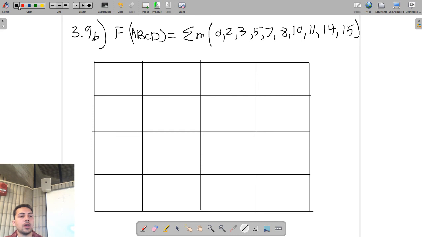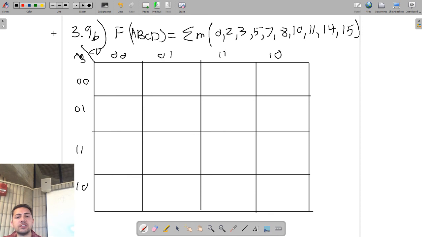And then I go back to my pen here. So we have A, B, C, D. It's important to always use the same order because 0 implies A naught, B naught, C naught, D naught in that order. So then 0, 0, 0, 1, 1, 1, 1, 0, 0, 0, 0, 1, 1, 1, 1, 0.